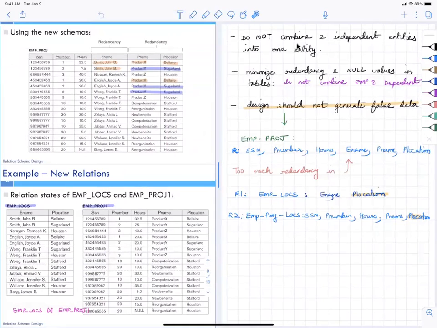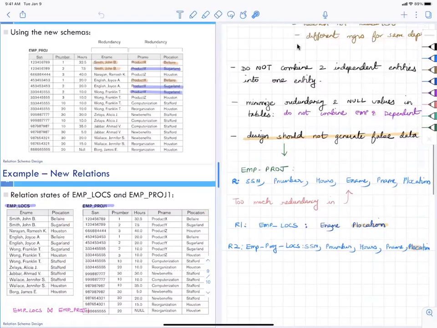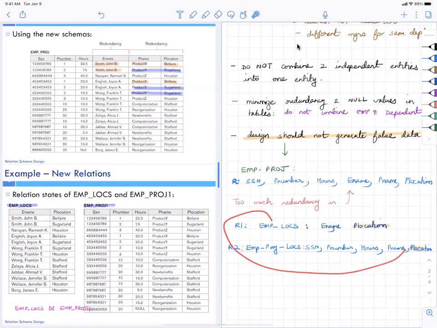I put up all the PowerPoint slides for SQL, and I'll put up the slides for design. Everything that I'm showing on the left, I'll put up on my courses.